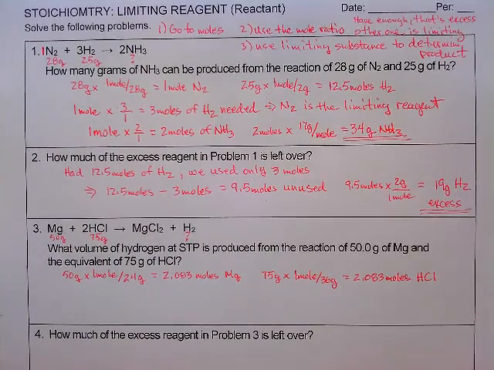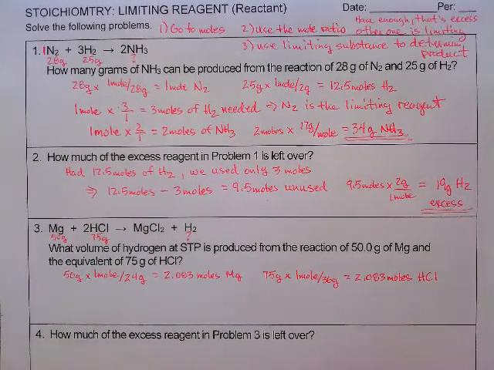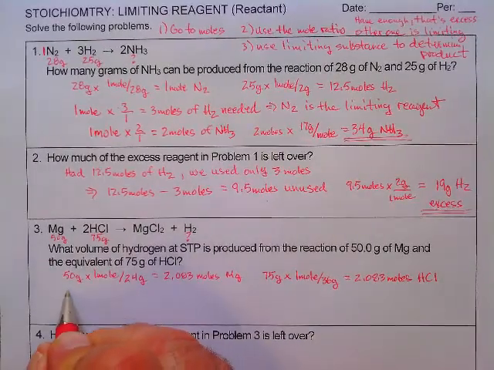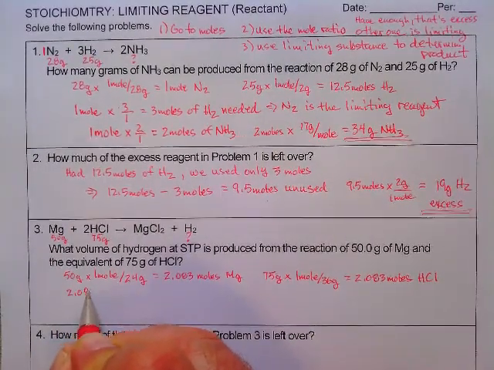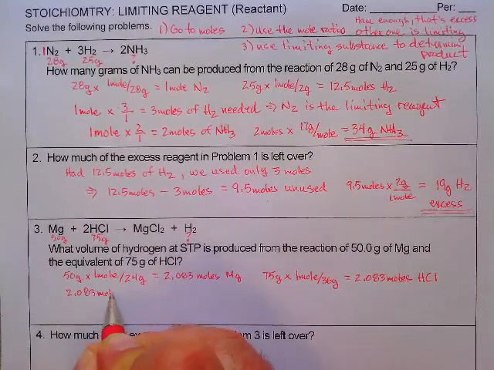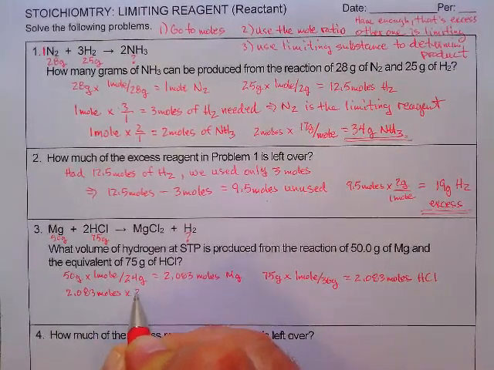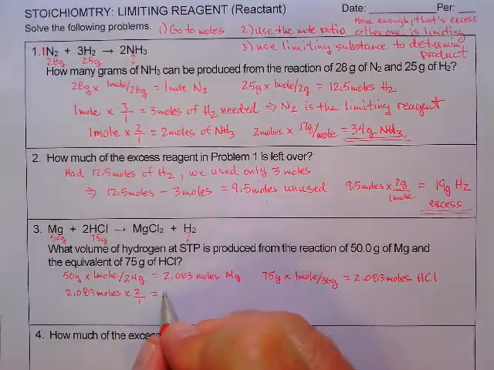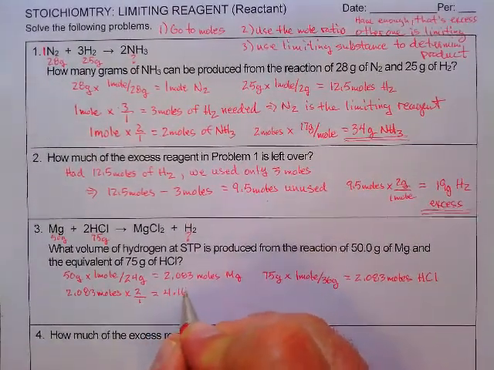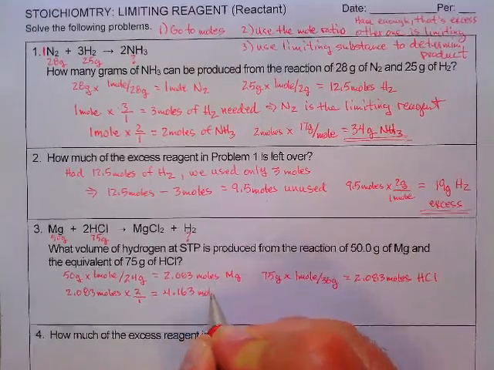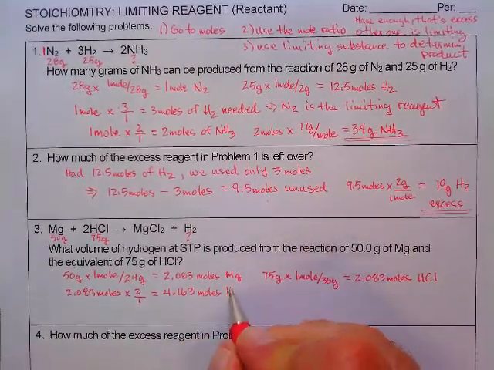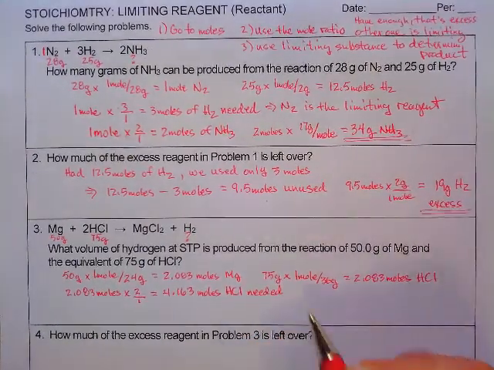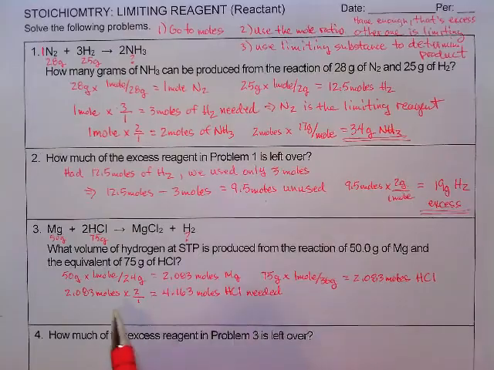So let's go ahead to our second step. Do the mole ratio. So we're going to take our 2.083 moles times 2 over 1, which is going to give me 4.163 moles of HCl needed. I don't have that much.